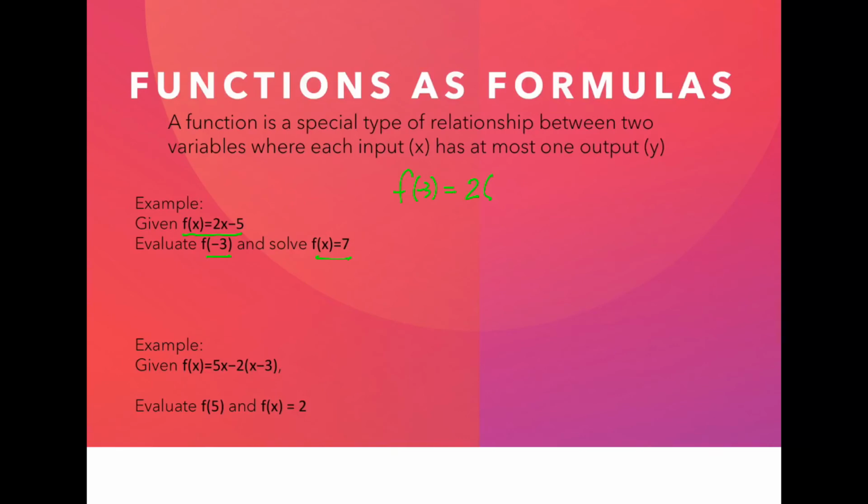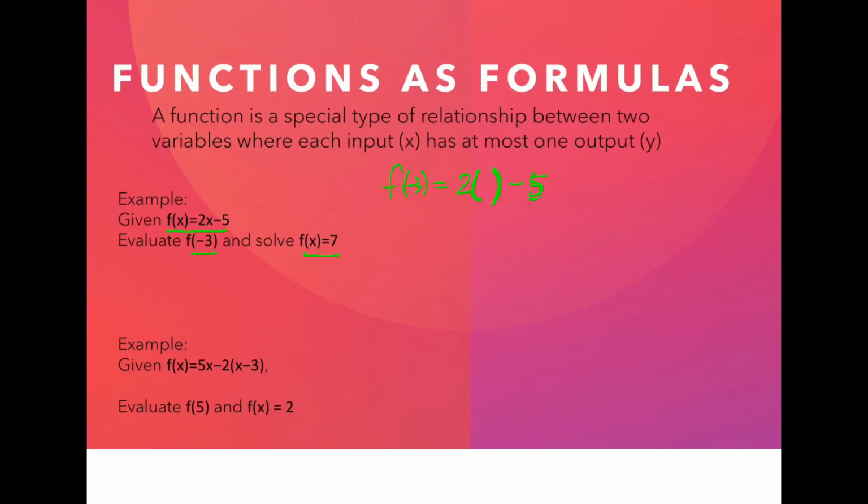As you're rewriting this, and you want to practice rewriting these, the way I recommend you do this is to simply rewrite the expression, putting a parenthesis where the x or the variable was. Then whatever the input is, plug it in there. This becomes especially important with negative values, because negatives can get a little tricky sometimes. So trust me, practice writing it out, and then follow the order of operations to evaluate this.